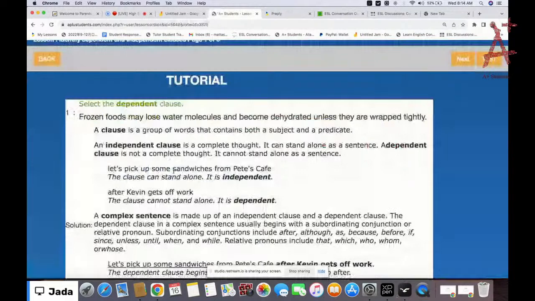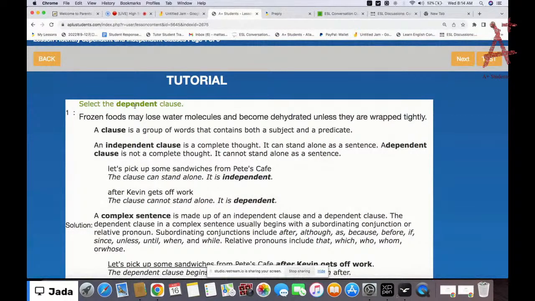It says that you should select the dependent clause. Frozen foods may lose water molecules and become dehydrated unless they are wrapped tightly.